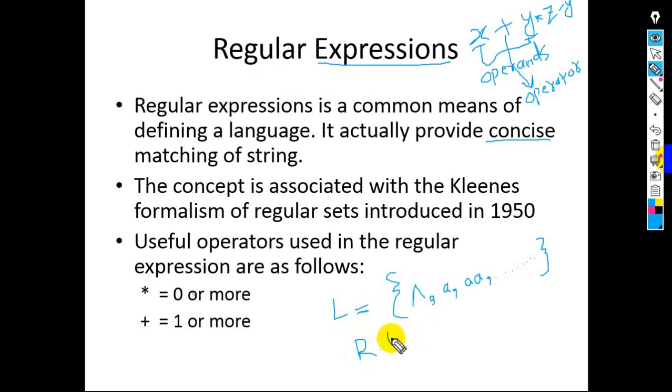So here we can write the regular expression for this as A asterisk. You know about this asterisk, the Kleene star closure. Now this is the representation of the language. This is the definition of a language which is very concise, very short.